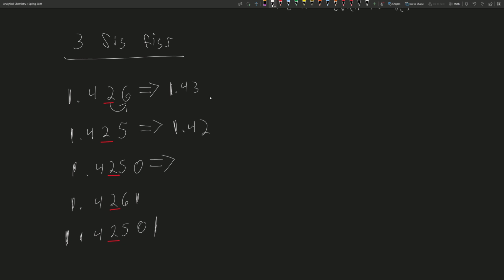We will see that in this case, it's very similar to the last case. We have the 5 here, but we also have the 0 to the right of it. This 0 is a significant digit in the measurement. However, our last significant place is the 2. But the 0 does not have any numerical value to it. Therefore, this 1.4250 is in a way very similar to this 1.425.